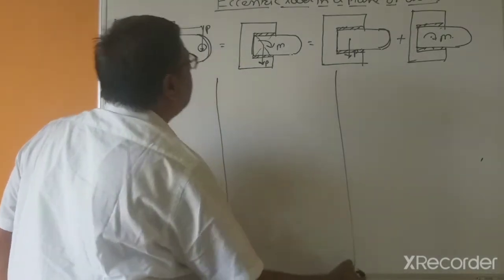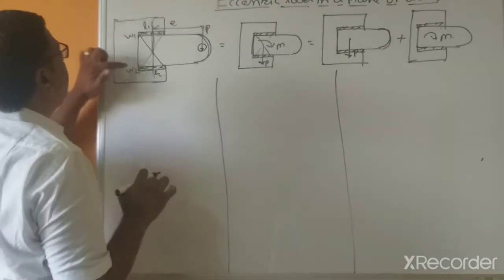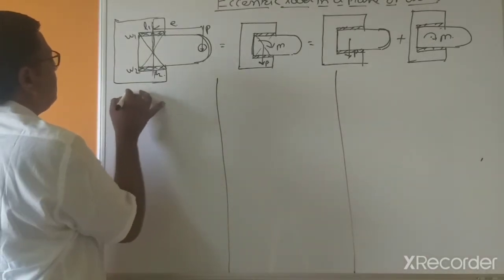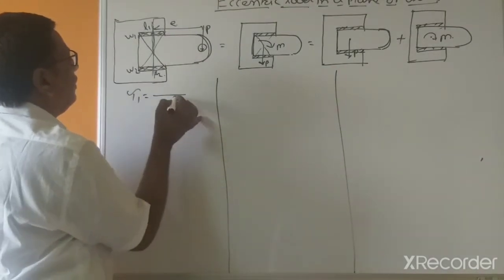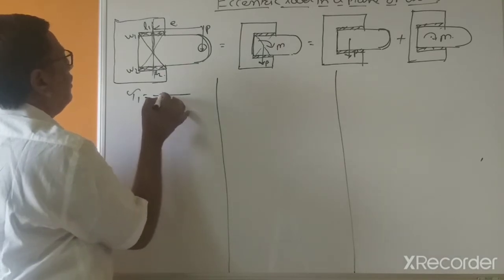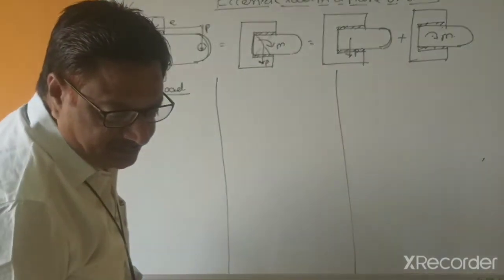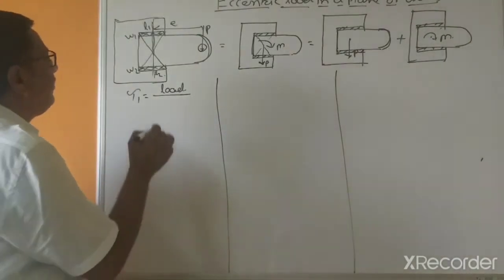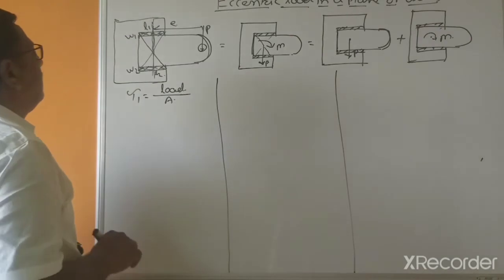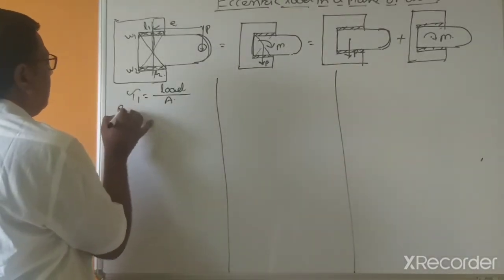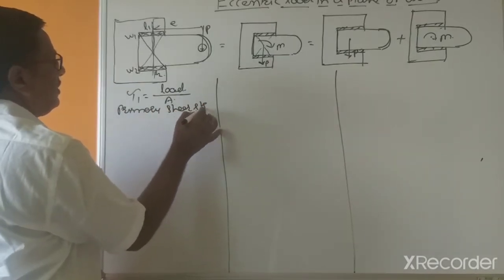Because of the direct loading, the stresses induced in the first weld, suppose this is the first weld and this is the second weld, are primary shear stress, tau 1 equal to load divided by A. This is for the first weld, and this is primary shear stress.